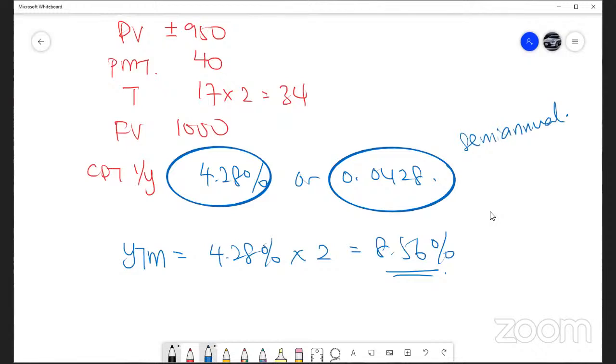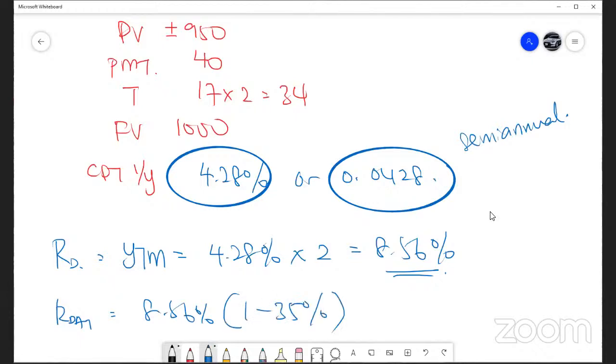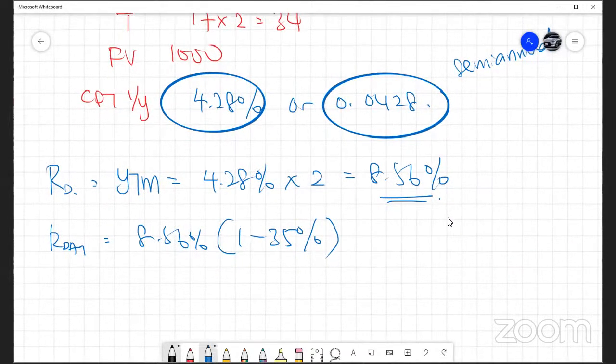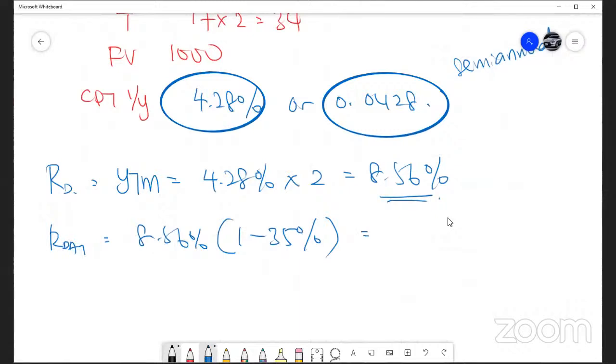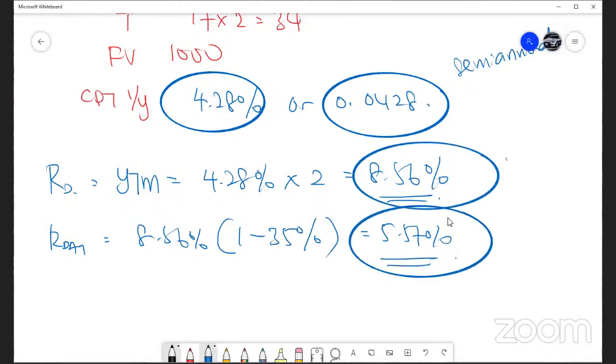This is your cost of debt. To calculate your cost of debt after tax, take this 8.56 multiplied by 1 minus 35%, then you get 5.57. This is after tax; this is before tax.